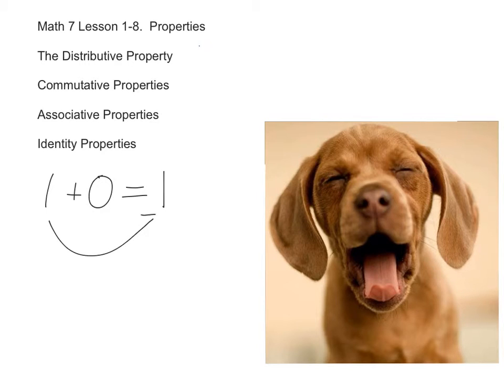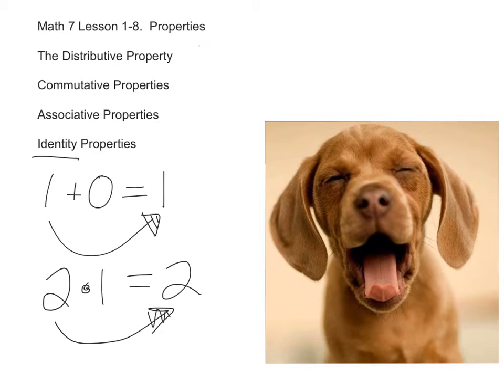Since you end up with the 1 that you started with, this is an identity property. Any number that you add 0 to, you're going to end up with that number. In the same way, if you take any number and you multiply it by 1, you are going to end up with the same number. That is also an identity property because you started with the 2 here and you ended up with the 2.